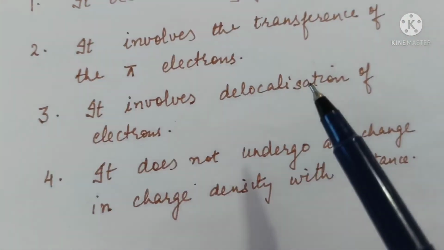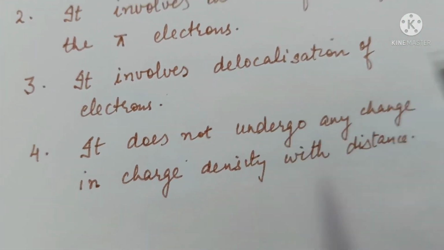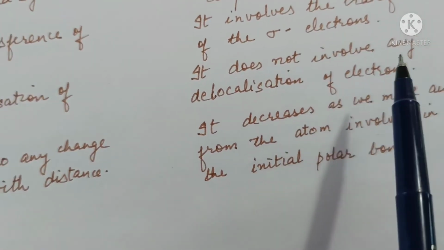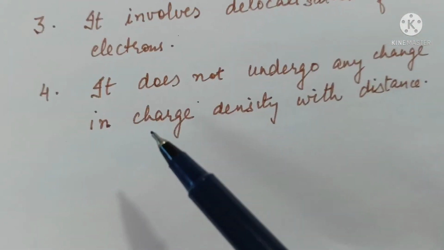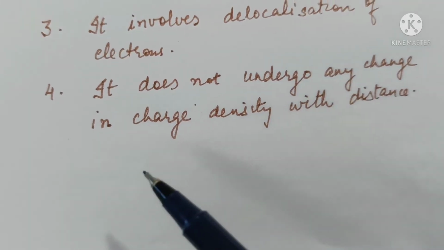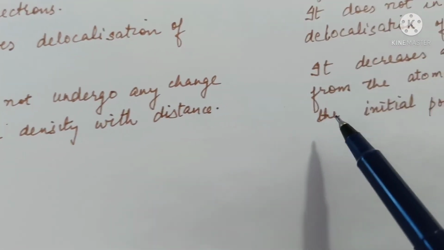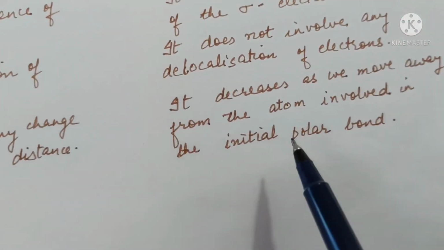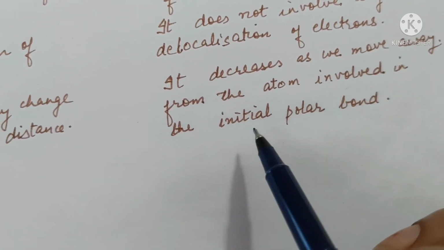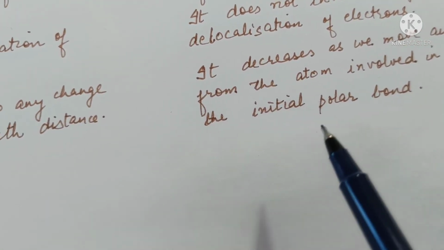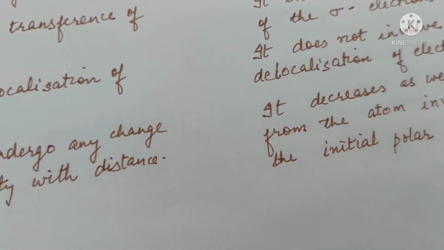Resonance involves delocalization of electrons, whereas the inductive effect does not involve any delocalization of electrons. Resonance does not undergo any change in charge density with distance, whereas the inductive effect decreases as we move away from the atom involved in the initial polar bond.